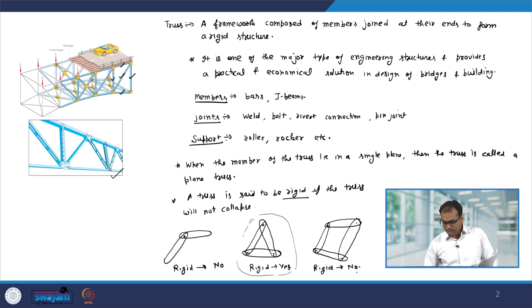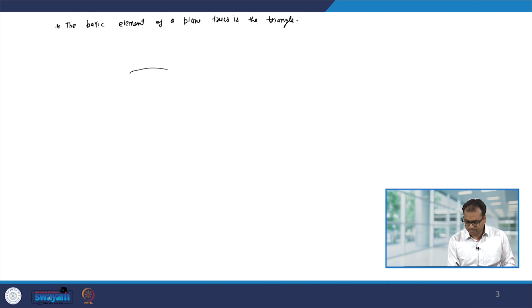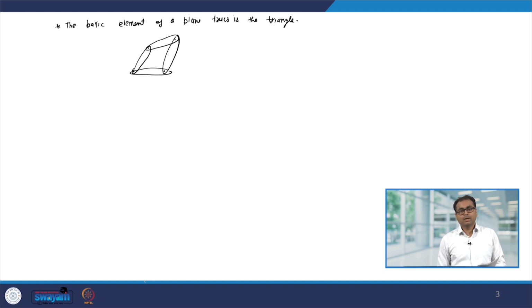Let us say in this example we have 4 members. As I said, this truss is not rigid, but since the basic element of a truss is the triangle, if you connect one more member like this, then this structure will become a rigid structure. So, now this is a rigid structure.